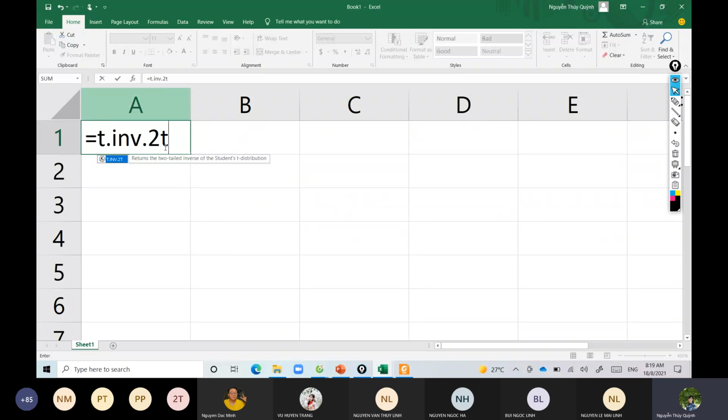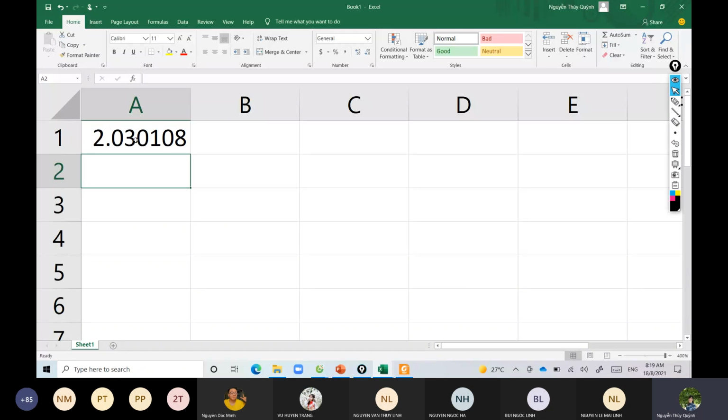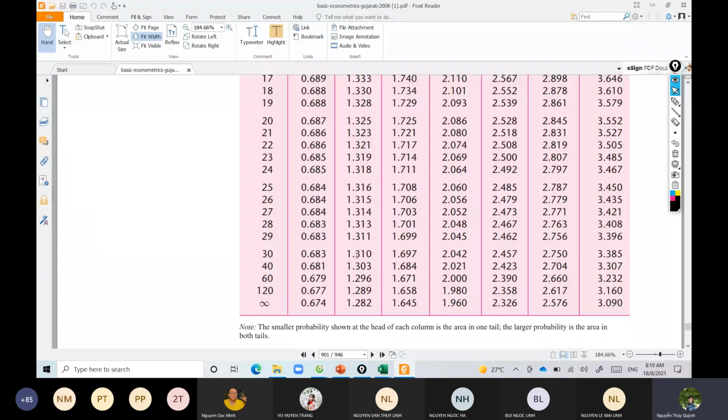This one stands for two-tail. You provide two parameters. The first one is the level of significance, 0.05, and the second one is the degree of freedom, which in this case is 35. Then enter, and we get the value of critical t: 2.03, the same as the value from the t table.